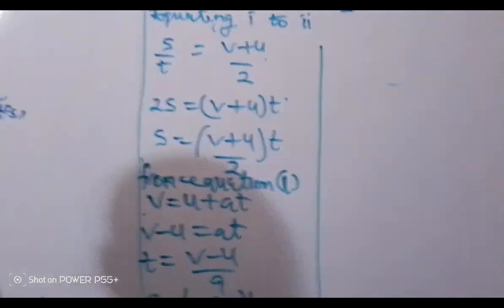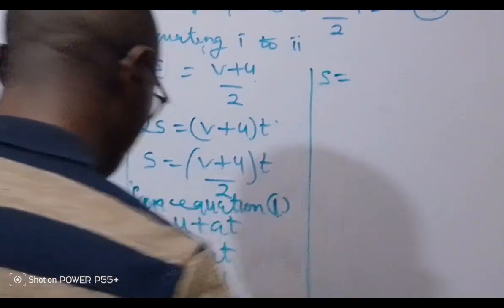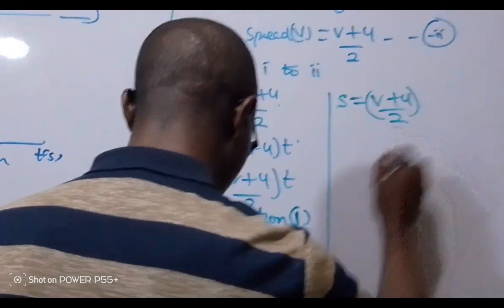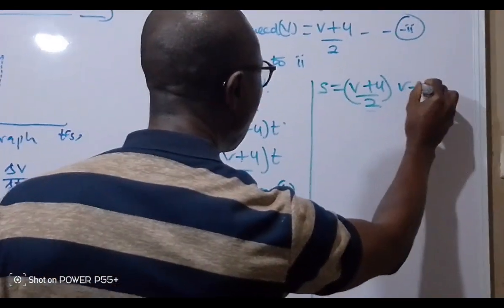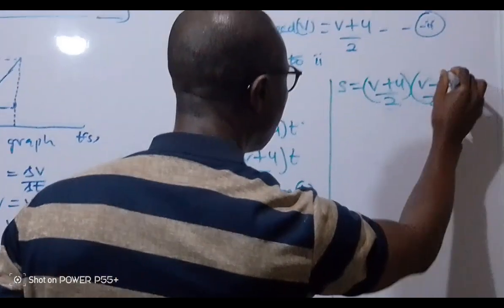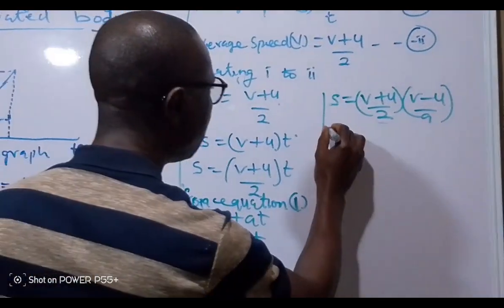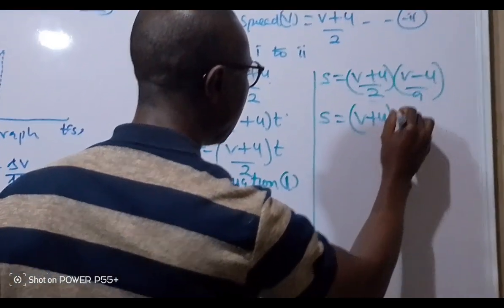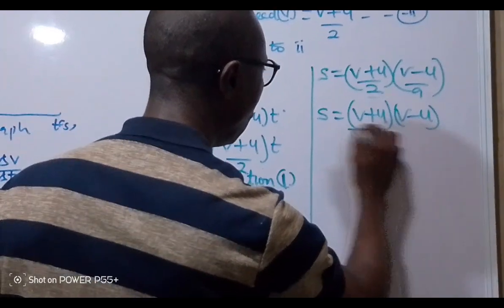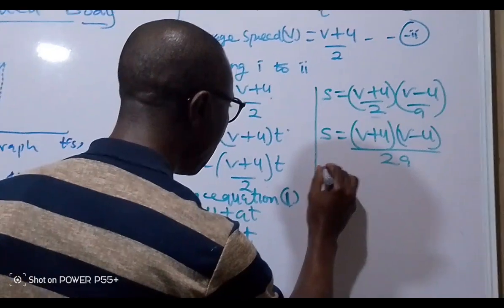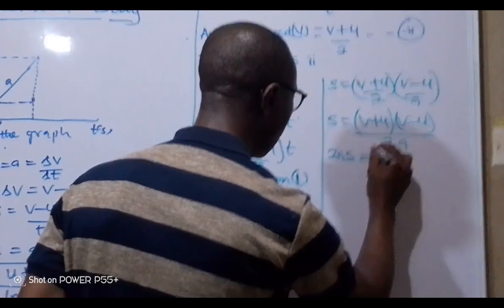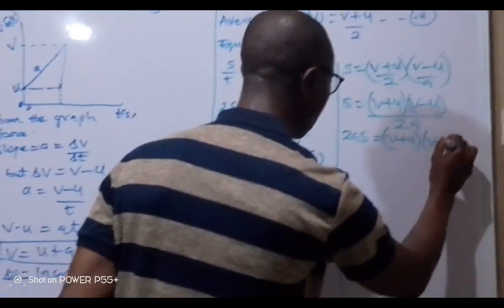So we are going to have S equal to V plus U over 2 into bracket V minus U over A. Therefore, it will now give us S is equal to V plus U into bracket V minus U over 2A. So, cross multiply, we are going to have 2AS is equal to V plus U into bracket V minus U.